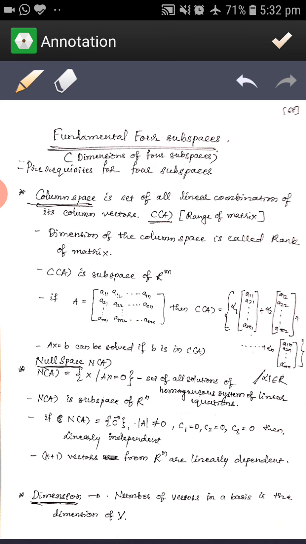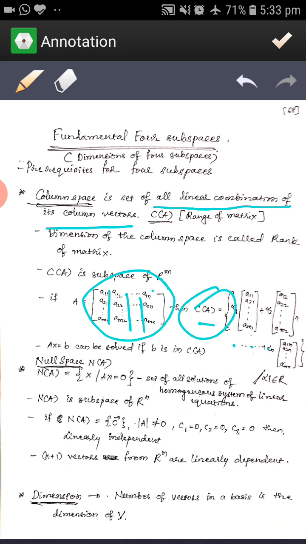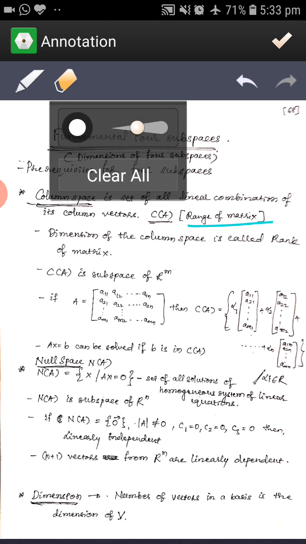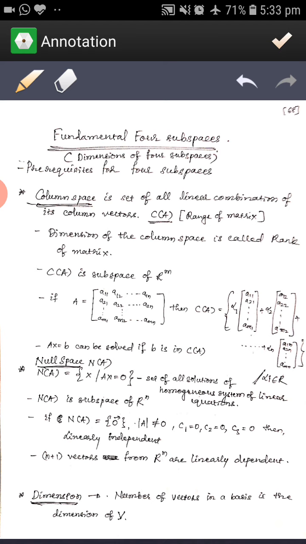So if A is a matrix, then the column space of A is equal to alpha 1 into the first column, alpha 2 into the second column, alpha 3 into the third column, and so on up to alpha n into the nth column, which we call C of A. Even C of A we can call the range of the matrix, not the rank, the range of the matrix.